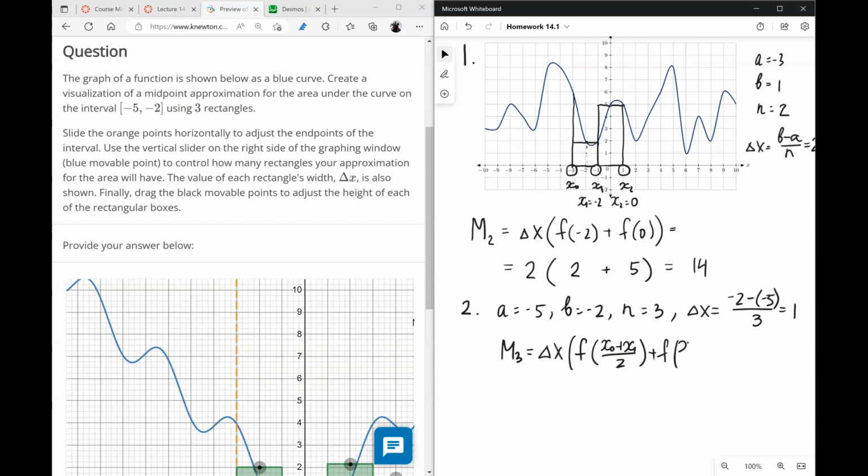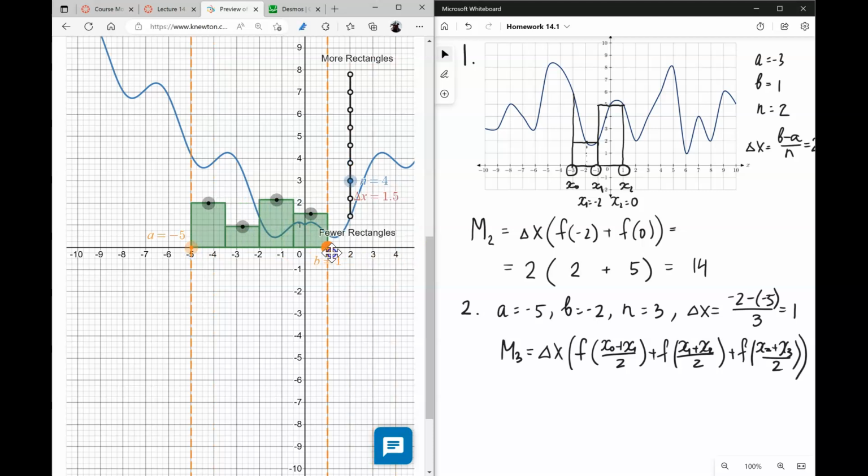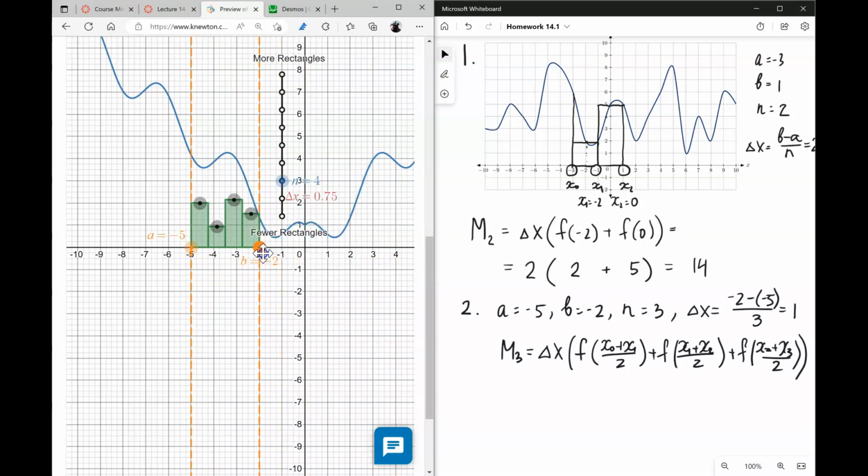I'm just writing the general formula, but we're not going to use that formula here because we are given a graph and an ability to interact with it. So we're going to choose a to be -5, b to be -2, and n to be 3.